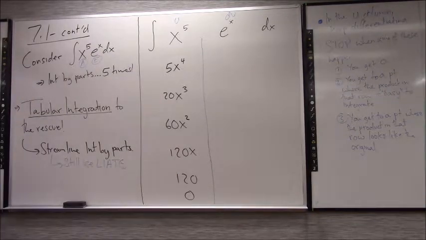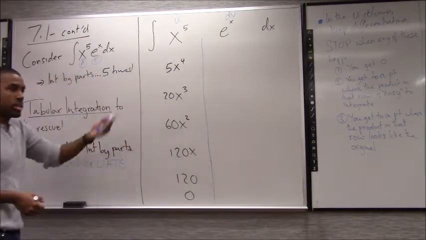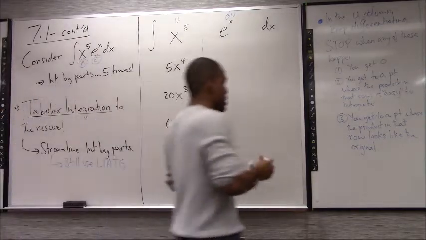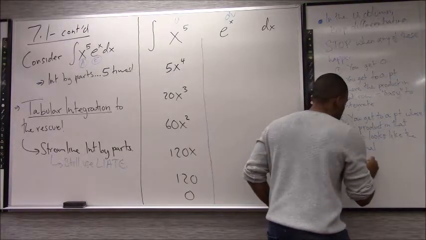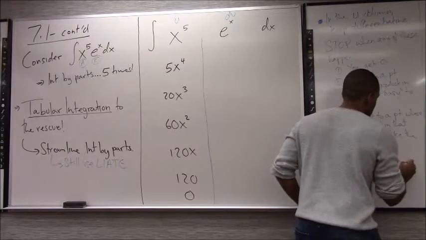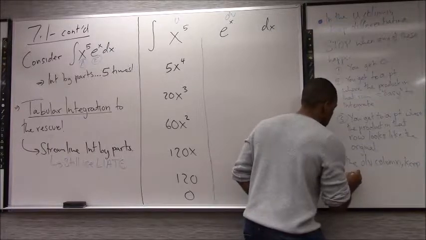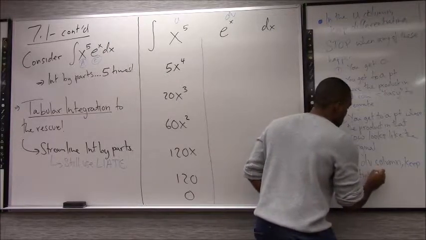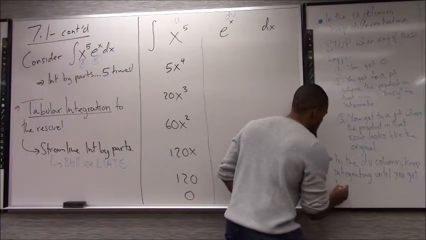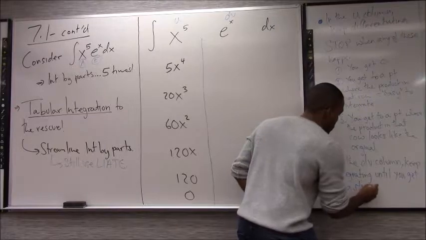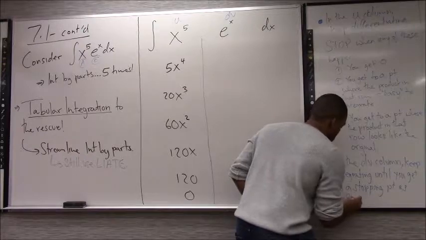So I keep differentiating that, I eventually get 0. And what I'm going to do is in the dv column, I know for dv I have to integrate, so I keep integrating until you get to a stopping point as defined above.